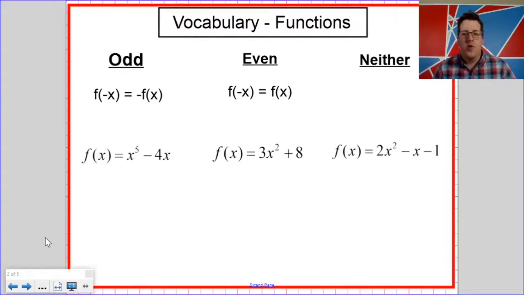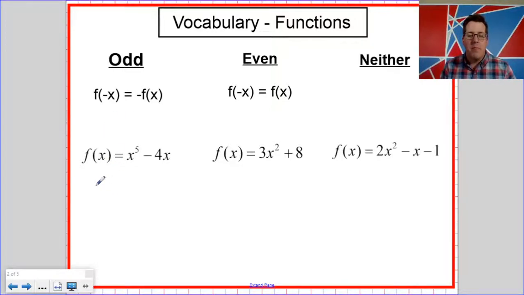An odd function will have the property that f of the opposite of x will be the opposite of f of x. So it has the property that multiplying x by negative 1 will negate the function.